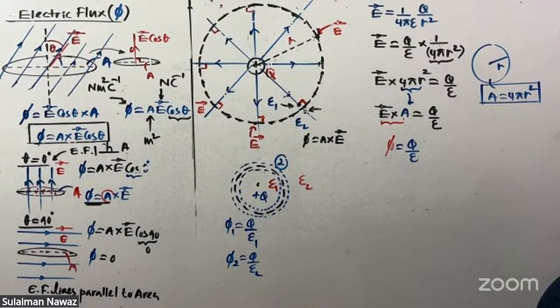Therefore, in a different color, write down: defining flux as Q over epsilon is not suitable.